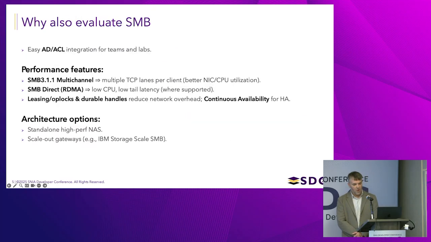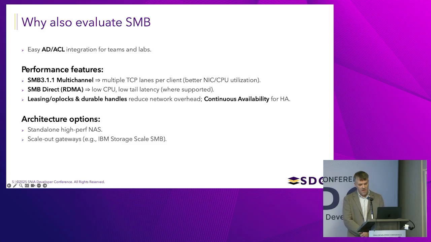But we should always have some choice, and when we're talking about a NAS solution, the main competitor for NFS is SMB. For a long time, SMB has not been considered as a solution for Linux-only environments, especially for HPC environments, but SMB has very good performance features like SMB Multichannel and SMB Direct.